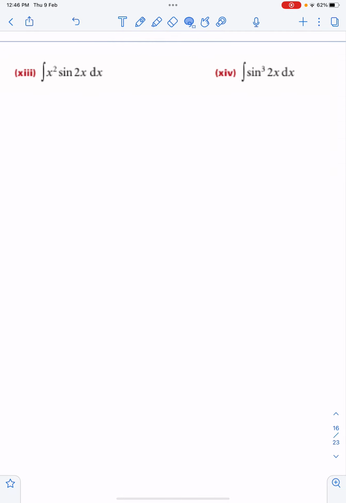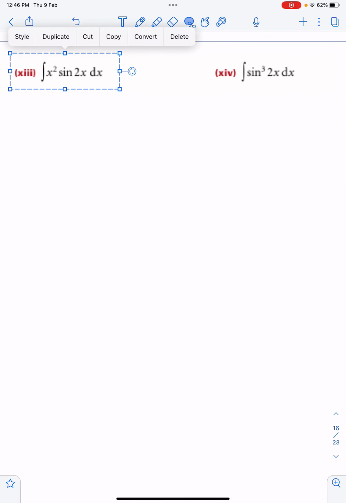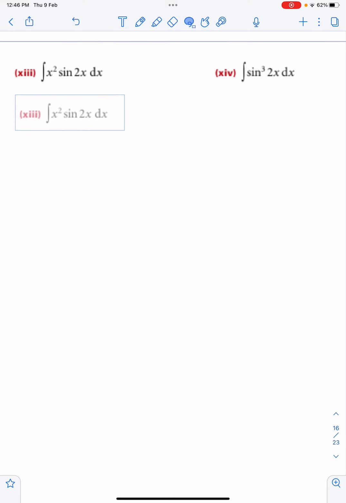Okay, this question. x squared sine of 2x. Since I know that if I'm going to differentiate this, it will become cos of 2x and doesn't have any connection here, I can use integration by parts here. Okay, so this is the algebraic function, this is a trigonometric function.